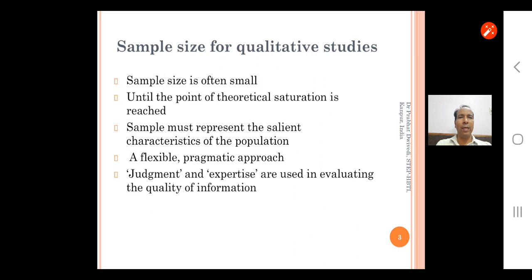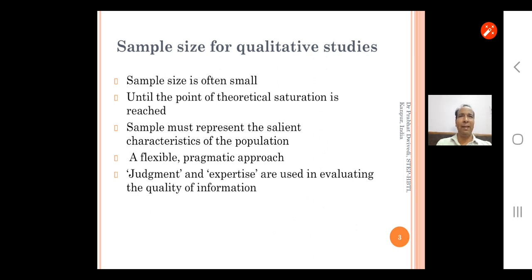And the next one: in qualitative studies, finding the size of the sample is flexible and it is often a pragmatic approach. Flexible in the sense that there is nothing hard and fast to decide how big the sample should be to be representative and called the right one.